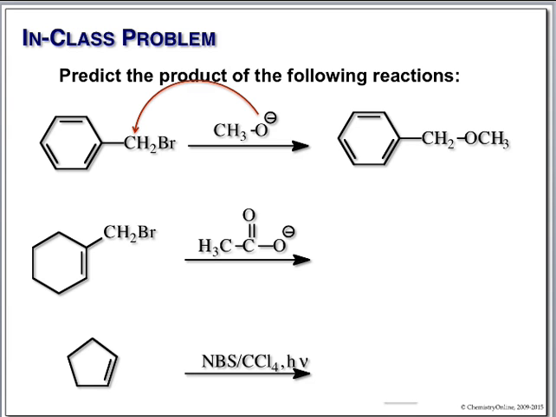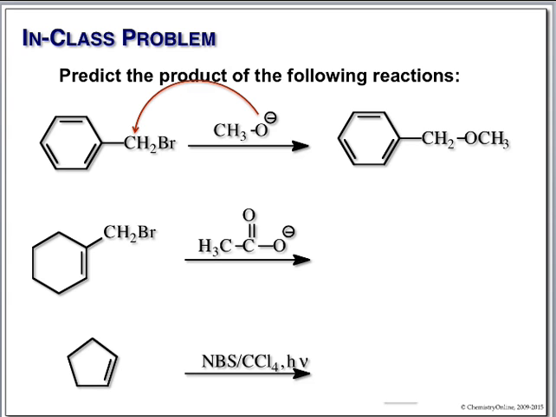Our next one is also an SN2 reaction. This is a very reactive CH2. Why is that? Because it is allylic, isn't it? The allylic position is adjacent to a double bond.